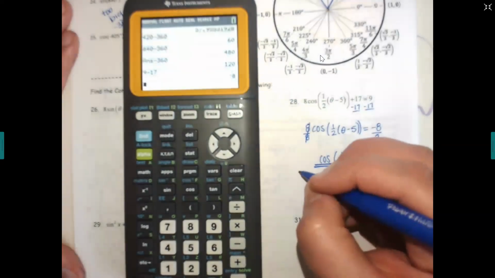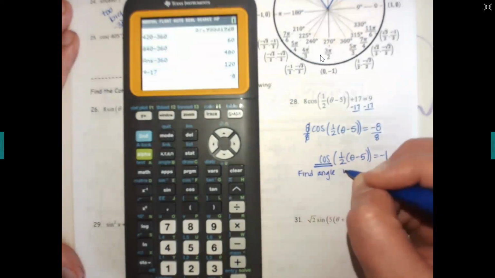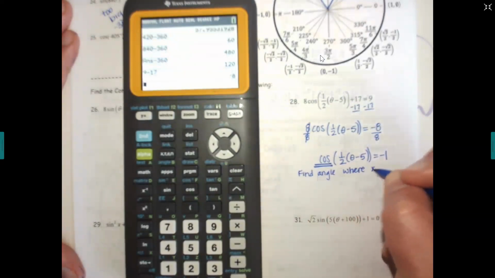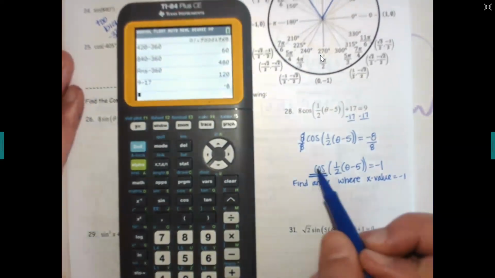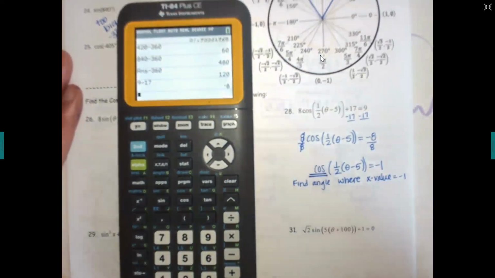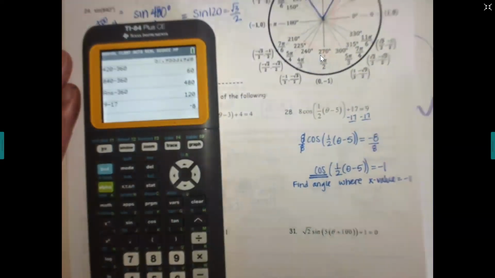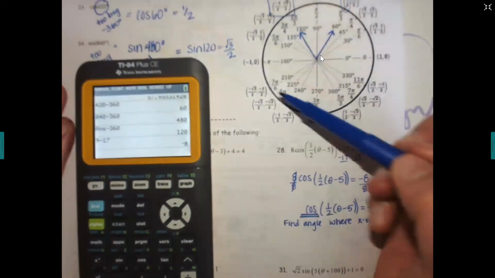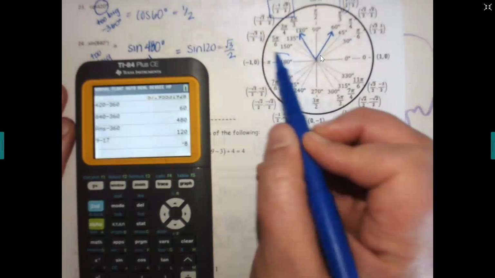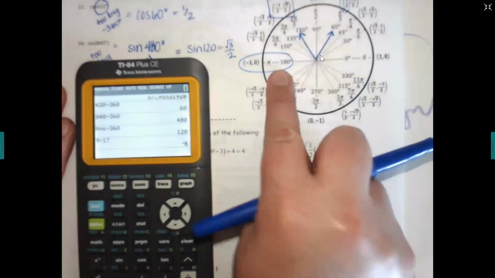So I'm going to find the angle where cosine, which is my x value, is -1. Notice I'm saying x value because it's cosine. If it were a sine question, I'd be looking at the y value. Look up there at your circle, find where your x is -1. Remember, your negative x's are going to be only on this side, and I see, boom, it's right there. So my answer is 180.